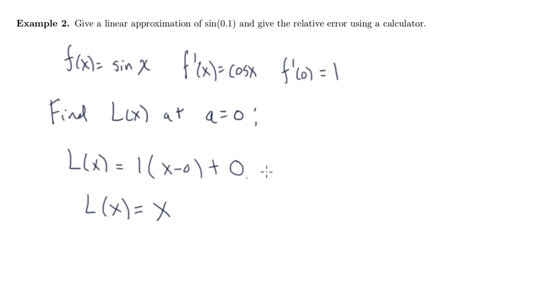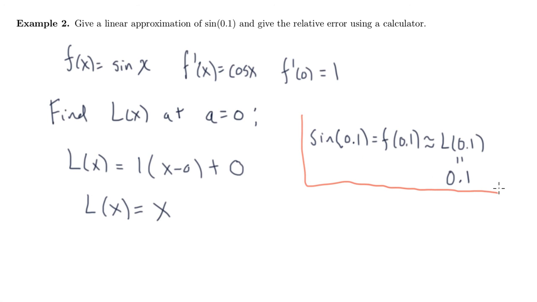And that's pretty cool, because then we can say that sine of 0.1, which is f of 0.1, is approximately the linearization evaluated at 0.1, but that's just equal to 0.1. It's just the identity function. So here is our linear approximation, 0.1.